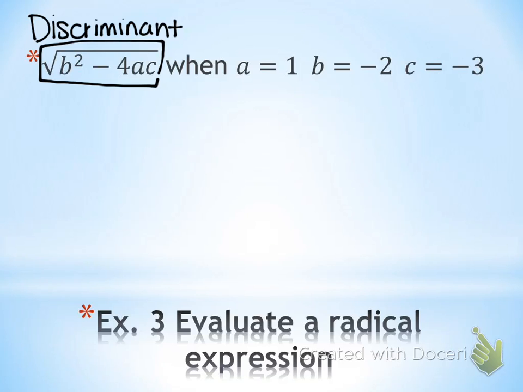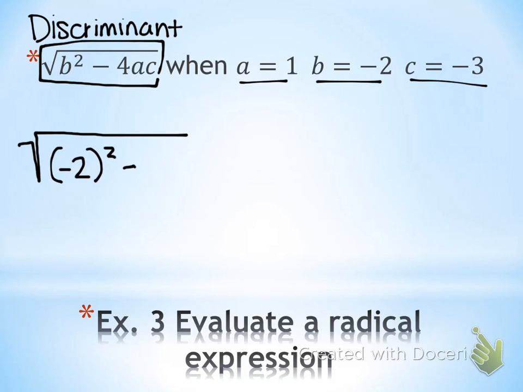And if you look right here, they've given us A, they've given us B, and they've given us C. So all we want to do is plug it in and solve. So let's plug in here. I have my square root symbol, or the radicand. B squared, so I have negative 2 squared minus 4 times A, which is 1, and C, which is negative 3.